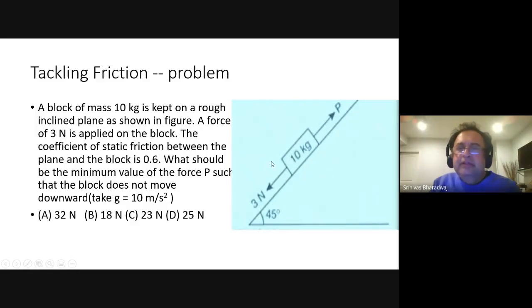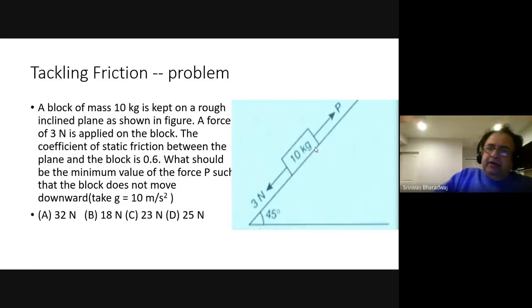So 73 down, and 0.6 times 70.7 up, right? That will be the force in this section.